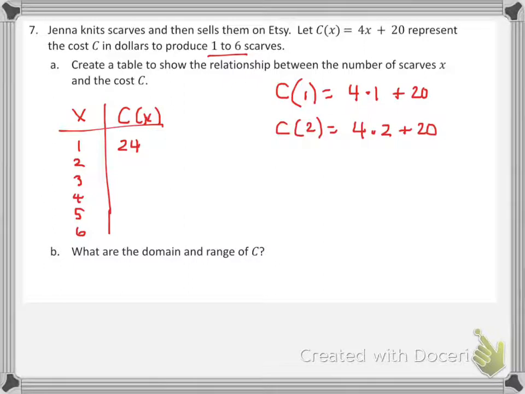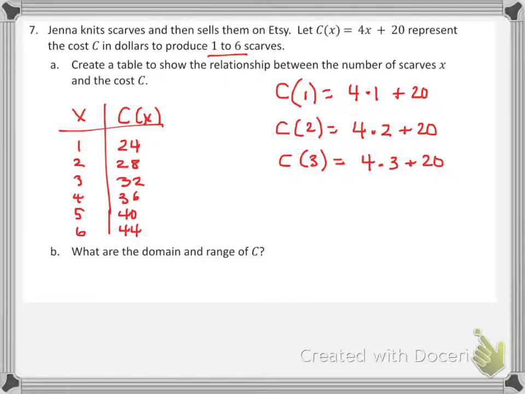Well, that's 8 plus 20 is 28. Let's do one more because I sense a pattern, but let's make sure. 4 times 3 plus 20. Well, that's 12 plus 20, which is 32. And it looks like we're just adding 4 every time. So this is a 36. 5 is a 40, and 6 produces a 44.